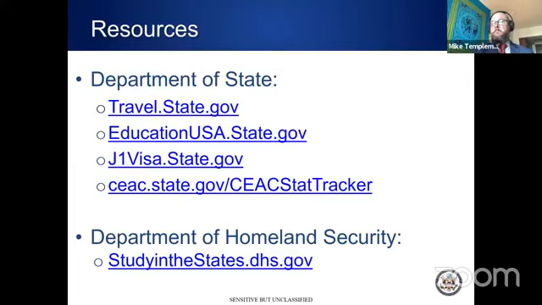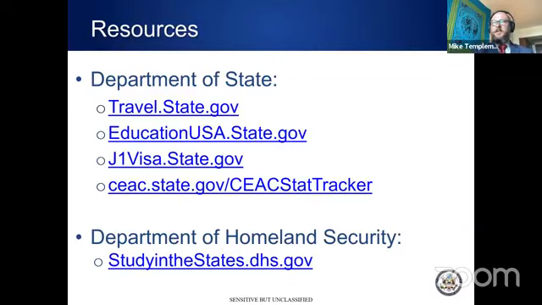So actually, even as a student to the United States, you are being vetted and looked at from a security perspective, and the Department of Homeland Security is a partner in this visa issuance process as well. So the Department of State issues visas, but Department of Homeland Security has information on traveling to the United States, and in particular studying in the United States, and how you maintain your correct status as a student in the United States.